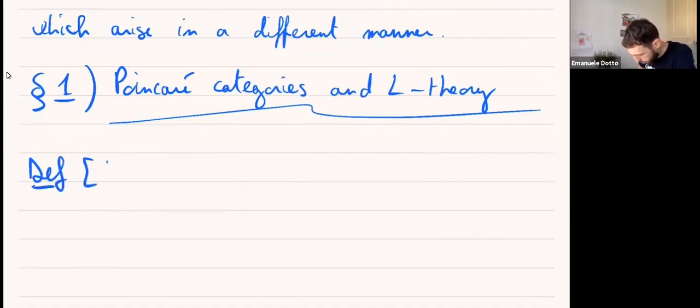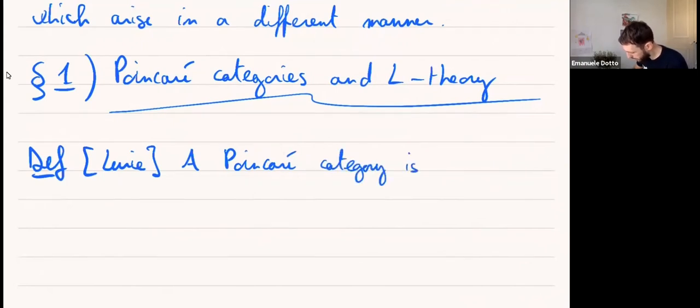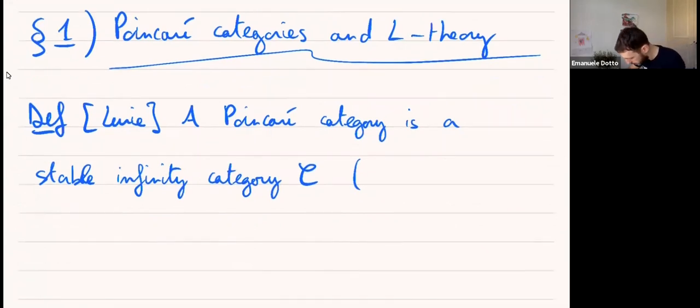Definition, this is due to Lurie. A Poincare category is a stable infinity category. Let's call it C. And the standard example to have in mind is chain complexes over a ring.